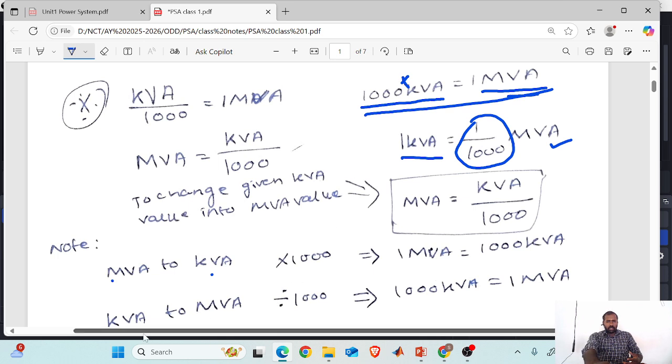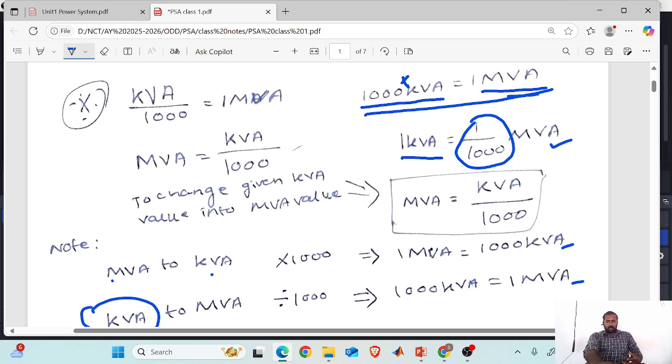And if we have the data in kVA and want to convert that to MVA, I have to divide by 1000. This is a standard rule you have to remember.